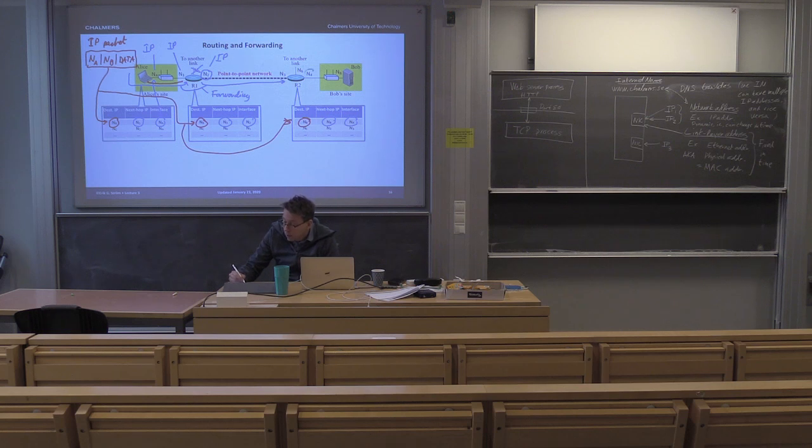So we have here N4, and we know that we can reach NB. And then the packet goes out this link. And this is now again some forwarding. And then it reaches its destination.